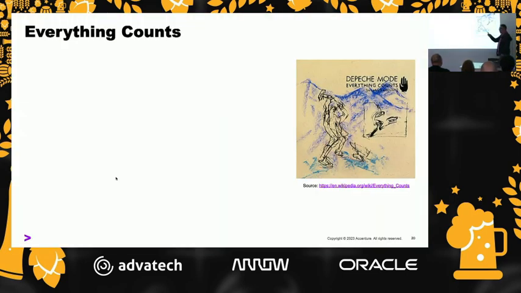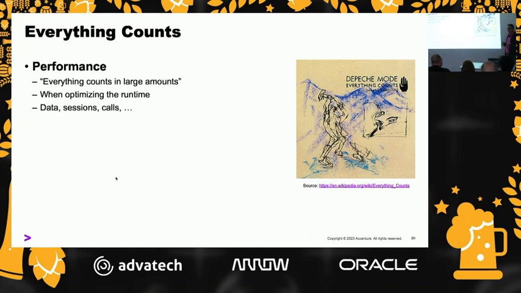And as you heard, everything counts. I always called it the Depeche Mode principles regarding performance: everything counts, in large amounts. When we are fighting bad database applications in the context of performance, we look at everything counts in large amounts.